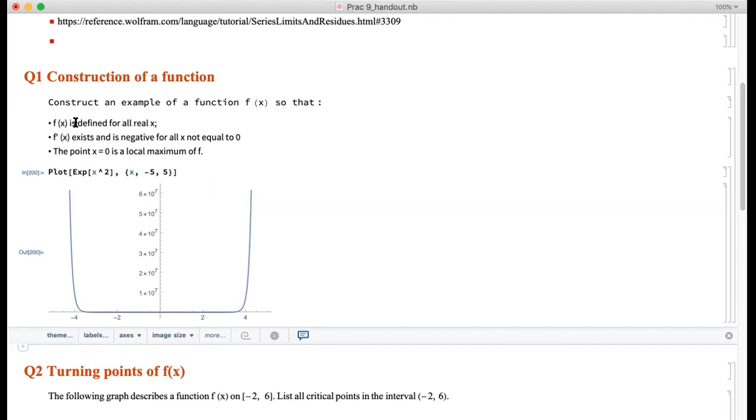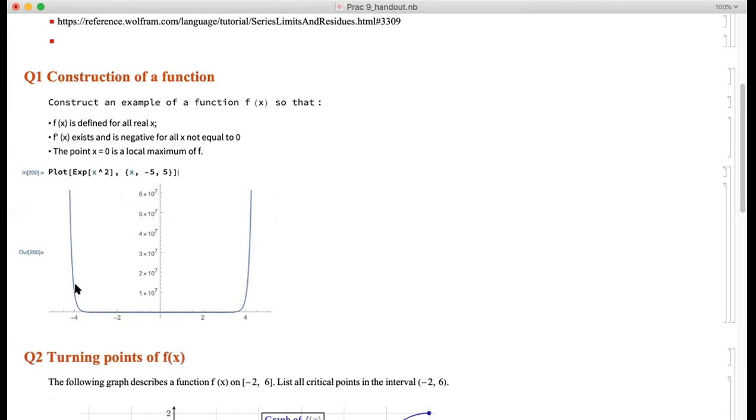Let's check it. This is defined for all x, but f dash exists and is negative for all x not equal to 0. It's negative on the left, but that's increasing, so that should be positive. So the second criterion is not satisfied.